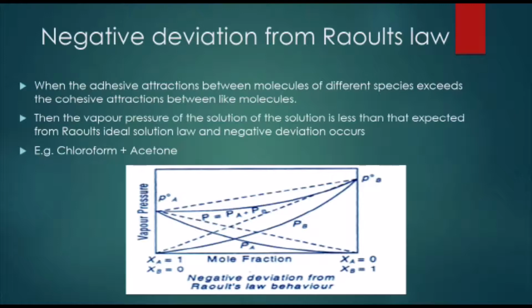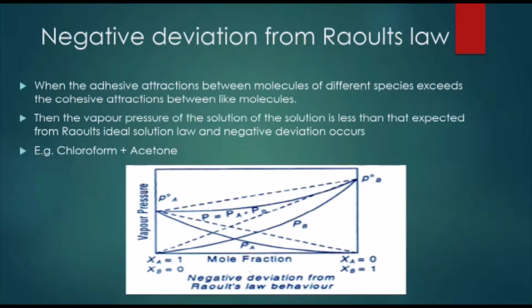Initially the mole fraction is 0, but as we move from left to right, it increases to 1. If we plot a graph for PA, then we can achieve P0A, and if we plot a graph for PB, then we can obtain P0B, the pure vapor pressure.